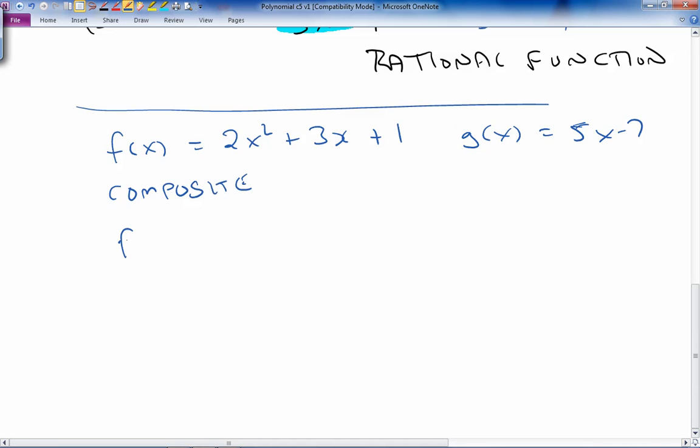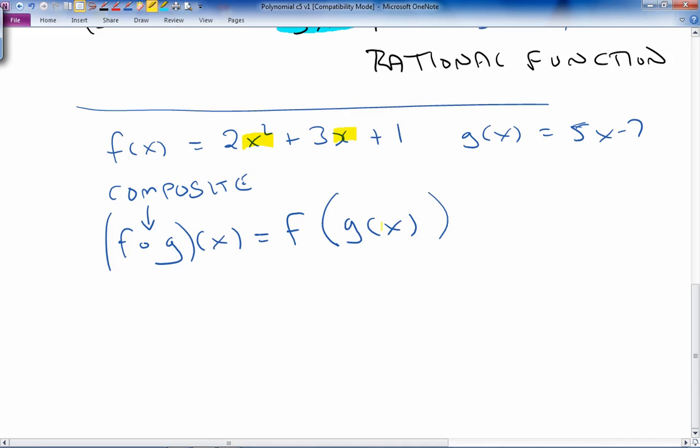And that's fg of x. Okay, there's the symbol for composite. It is hollow, it's a circle. Looks like a times in the same position, except it is hollow. And that's just a fancy way of writing f of g of x, which means wherever I see an x in the f function, I'm going to replace it with g of x.